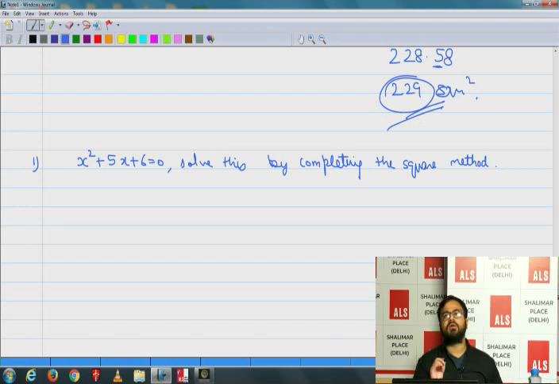And always remember, when it is given in the question to do this by a particular method, then you have to do it by that particular method. Don't solve it by factorization or quadratic formula.